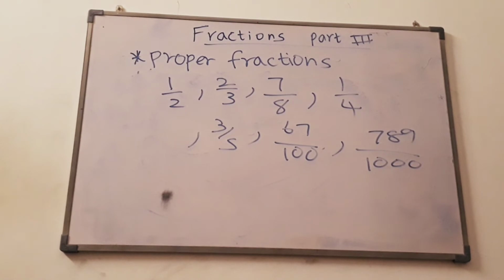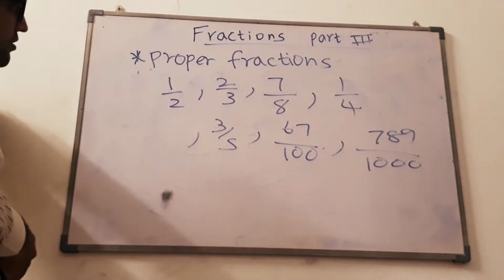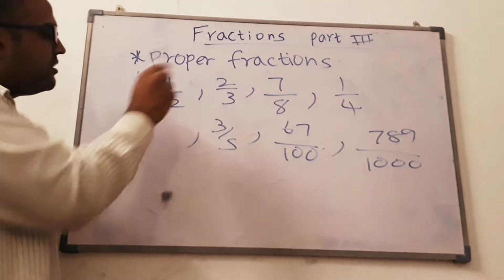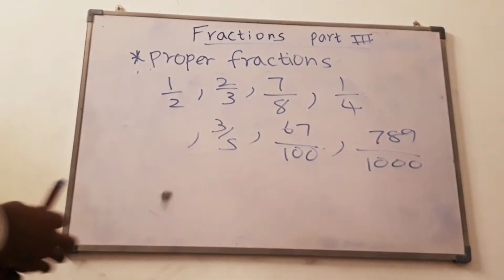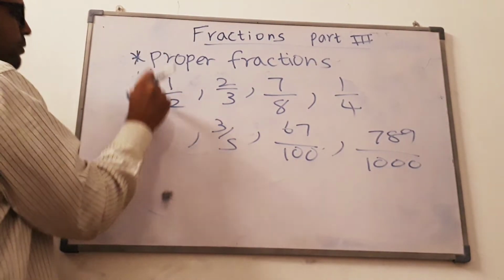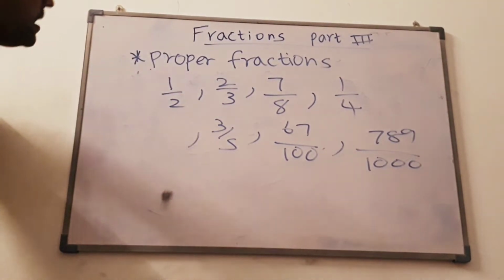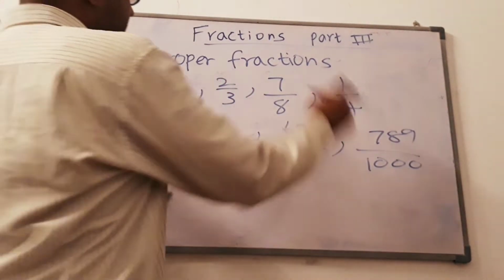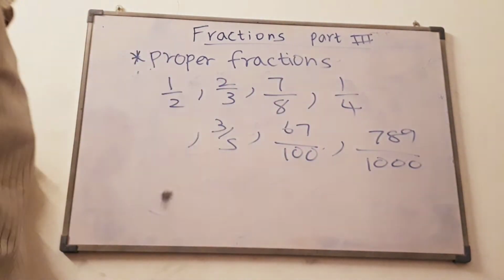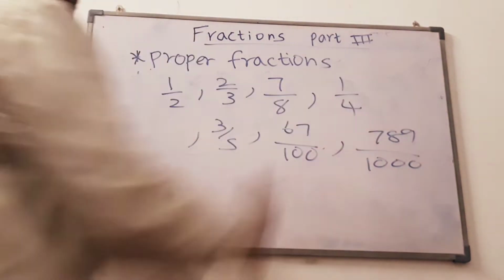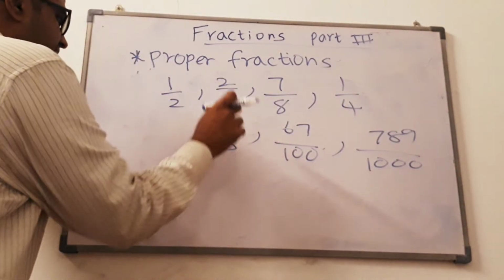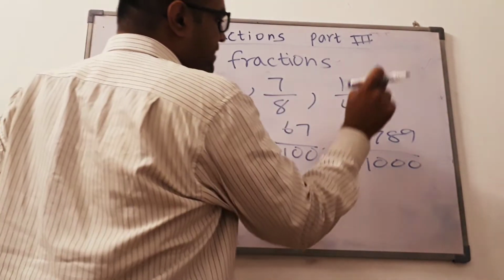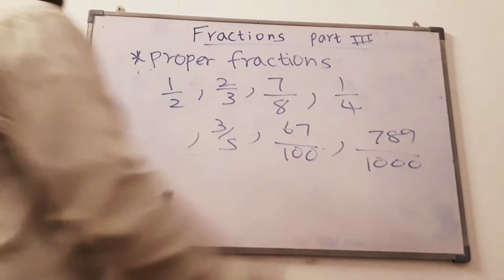Here, if we take a hard notice on each fraction, 1 is smaller than 2. Here 2 is smaller than 3. 7 is smaller than 8 here. Here 1 is smaller than 4. Here also 3 is smaller than 5, 67 is smaller than 100, 789 is smaller than 1000.